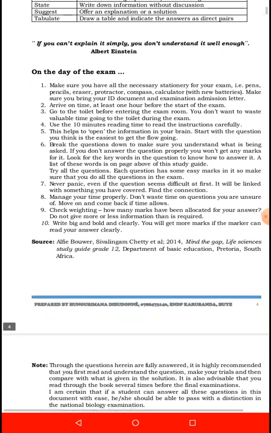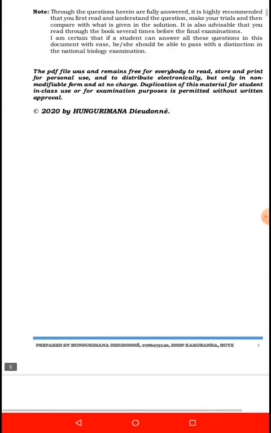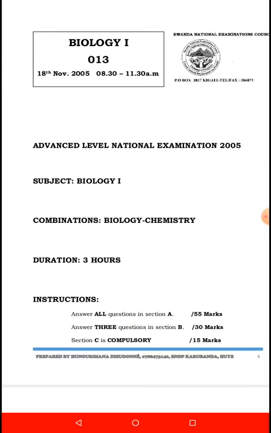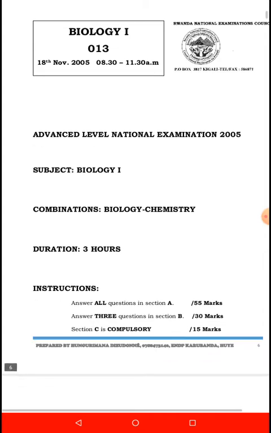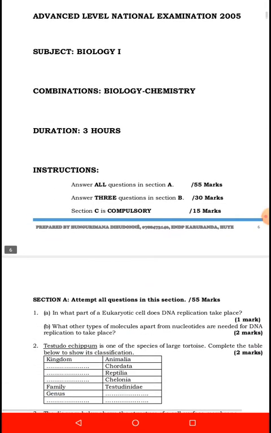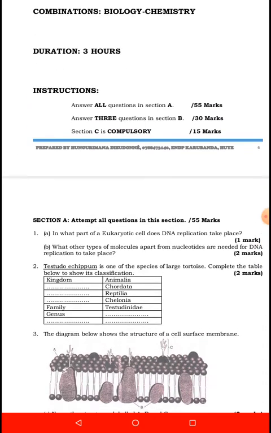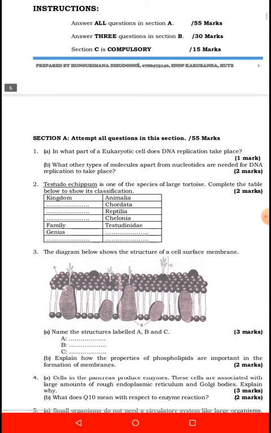So let us go ahead. Starting from the advanced national examination 2005, the subject is biology, the combination is biochemistry. Any combination bearing chemistry and biology is able to do this question paper.